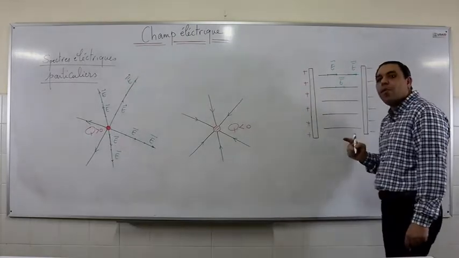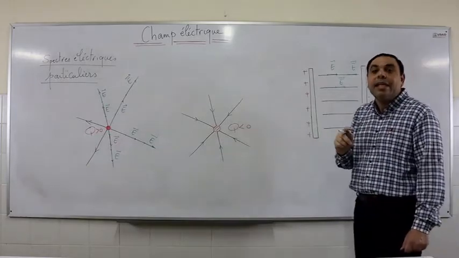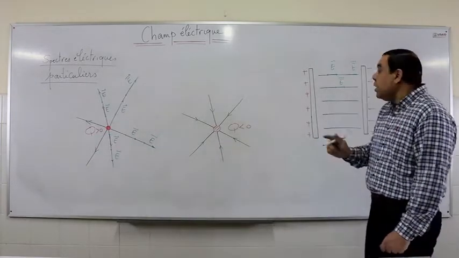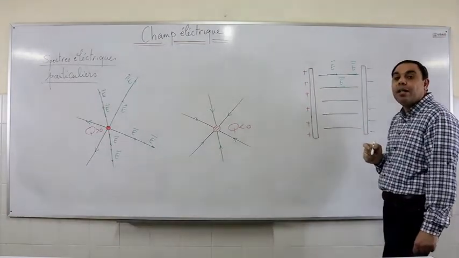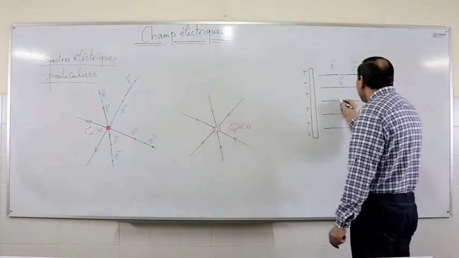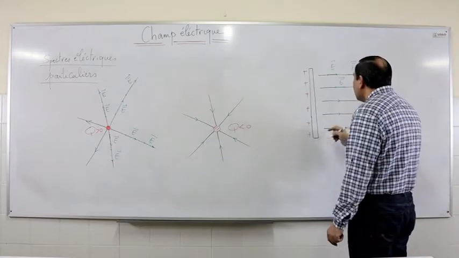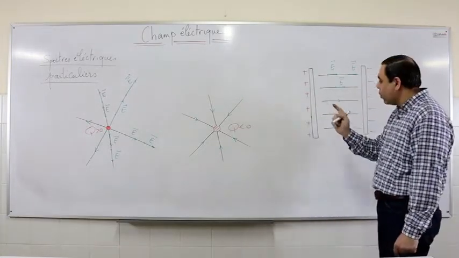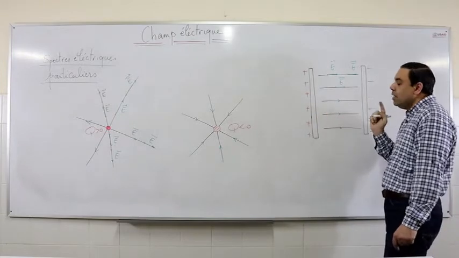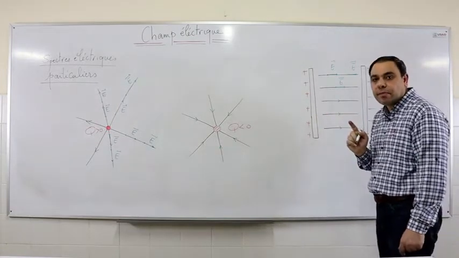Each of these parallel lines is called a field line. The set of all the field lines is called the electric spectrum between the two charged plates. It is the set of parallel segments oriented from the positive plate to the negative one.